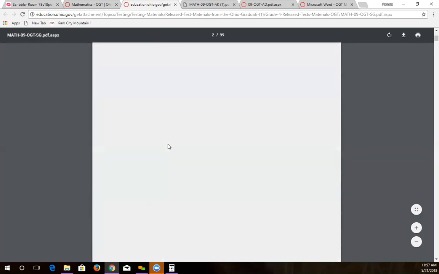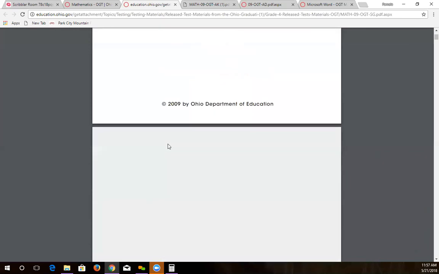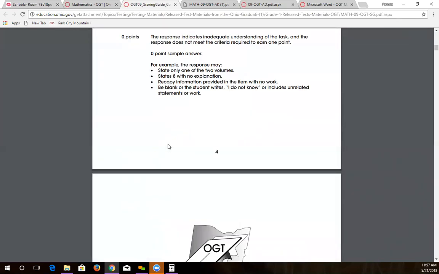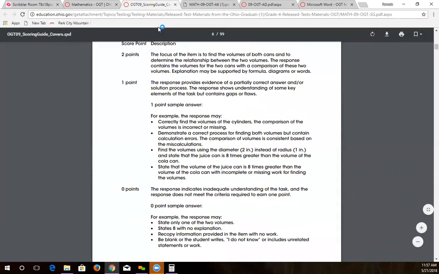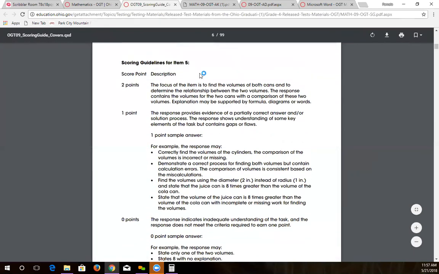Not sure if it's going to load. Sorry, I am not quite sure why this one's not loading. There we go. Okay, so it'll tell you what question, item 5, and then it'll tell you what they're looking for. So you'll get 2 points if you find the volumes of both cans, and so it'll tell you, you know, this is what you're looking for and how you have to find it.